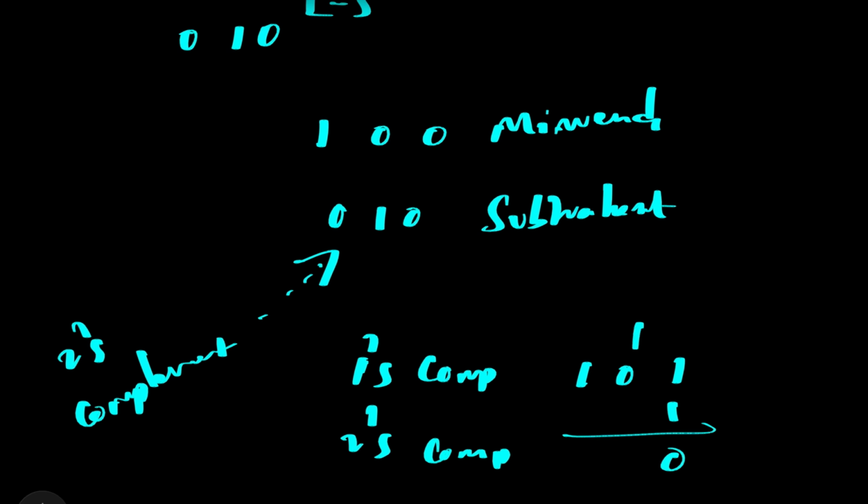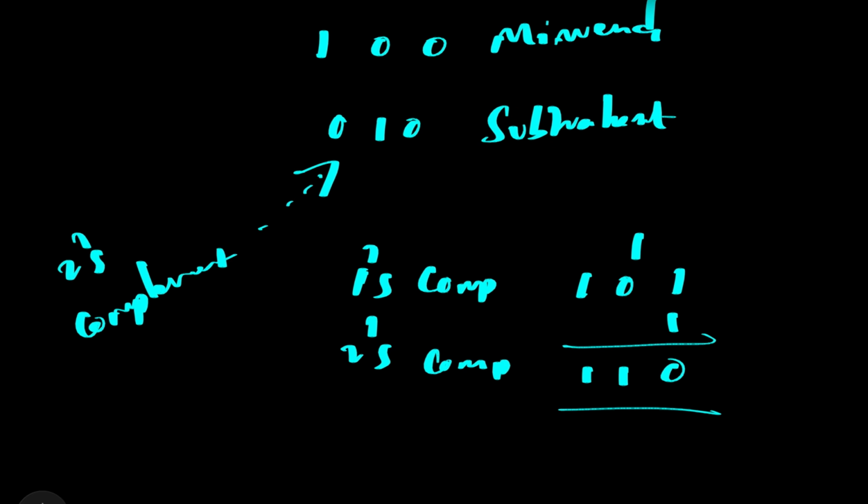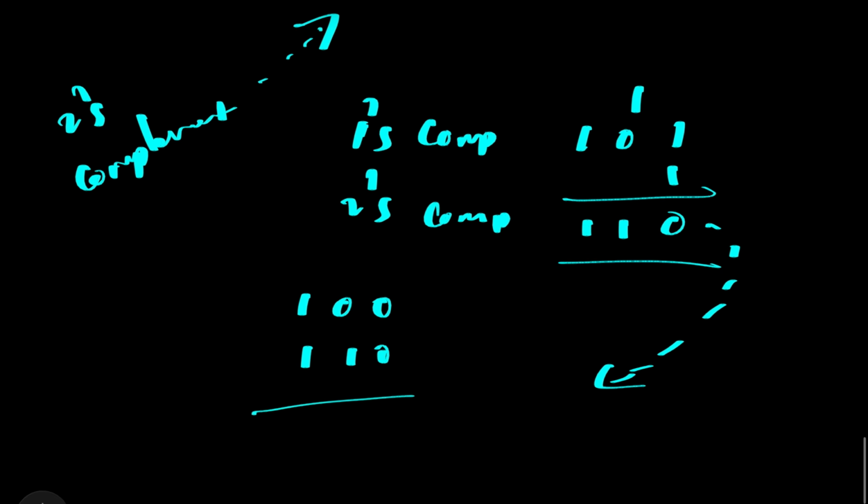So 0 1, it became a 1 1 0. So now we got 1 1 0. So add the minuend with the resultant 2's complement 1 1 0. What happened? We got 0, we got 1, we got 0, and the carry is produced.